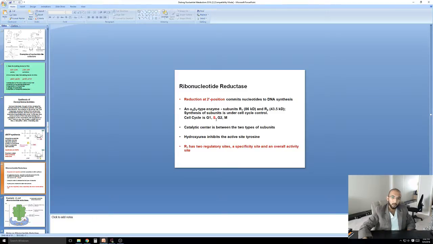So the cell has these checkpoints, which basically analyze, well, what's going on? Do we have enough energy to be growing and synthesizing DNA, or do we need to sort of double down and try to stay alive because we don't have much energy?